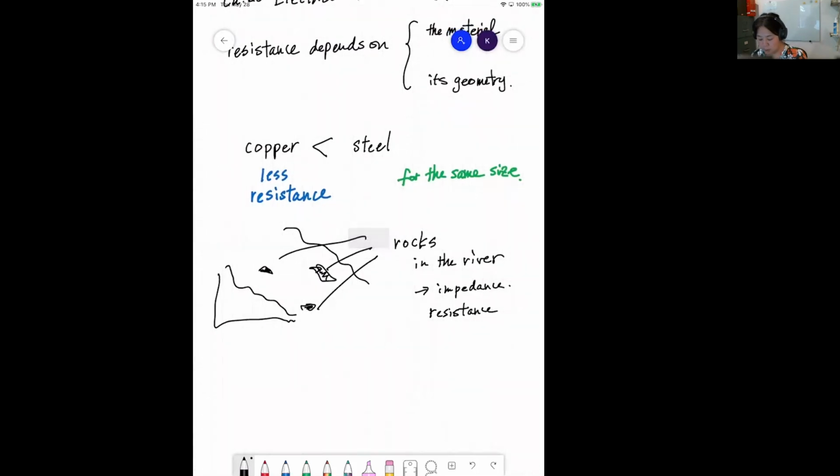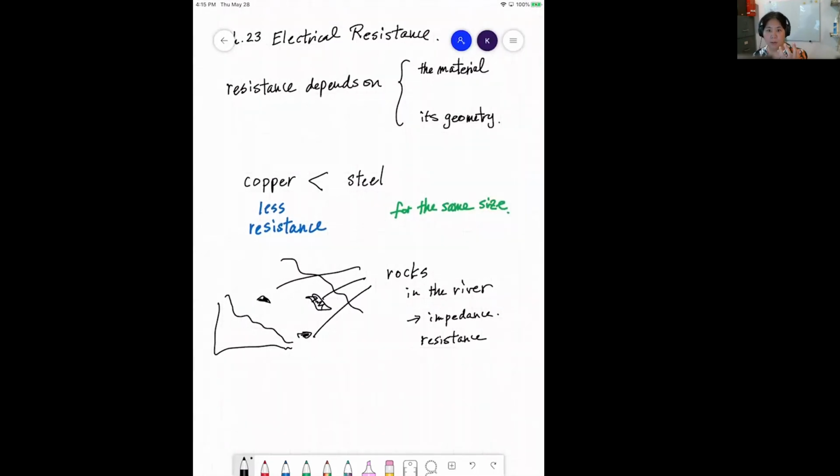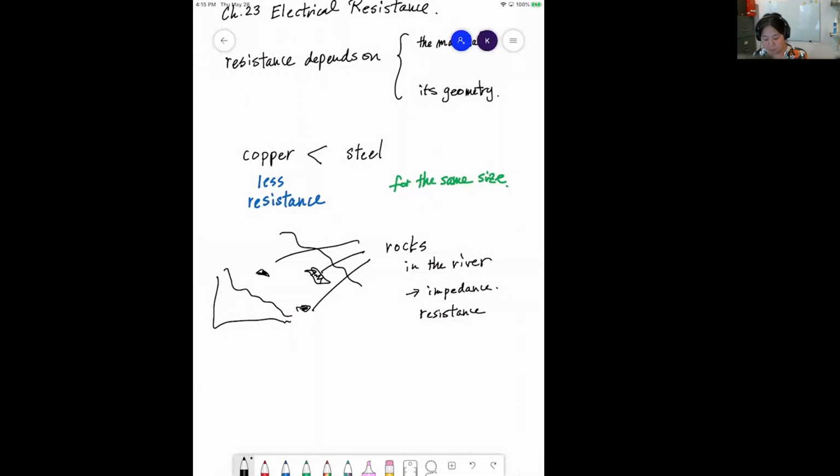You can imagine that with electric current too, if you have a lot of lattice and all those things, that makes it harder for electrons, for charges, to flow. So that depends on the material. You have a different kind of impedance, and it just happens that copper has a lot less resistance than steel.